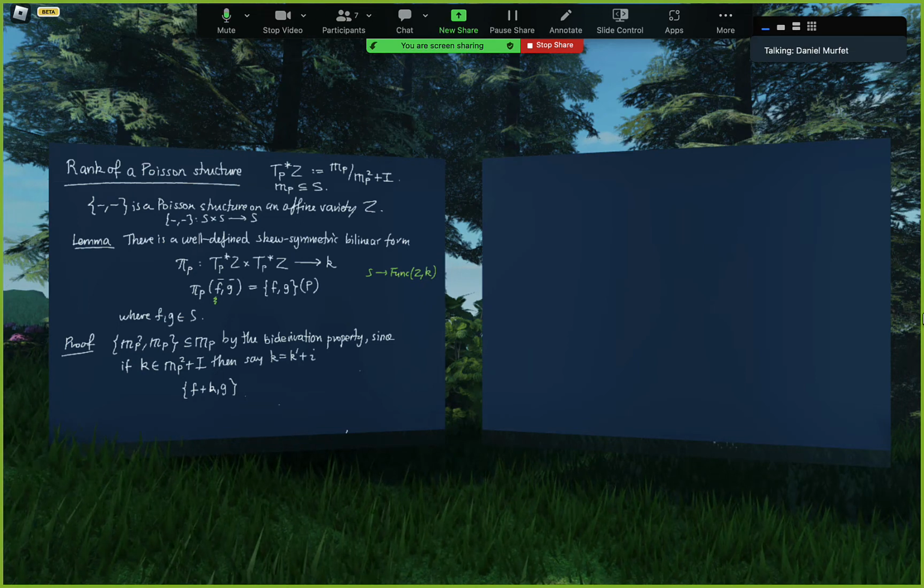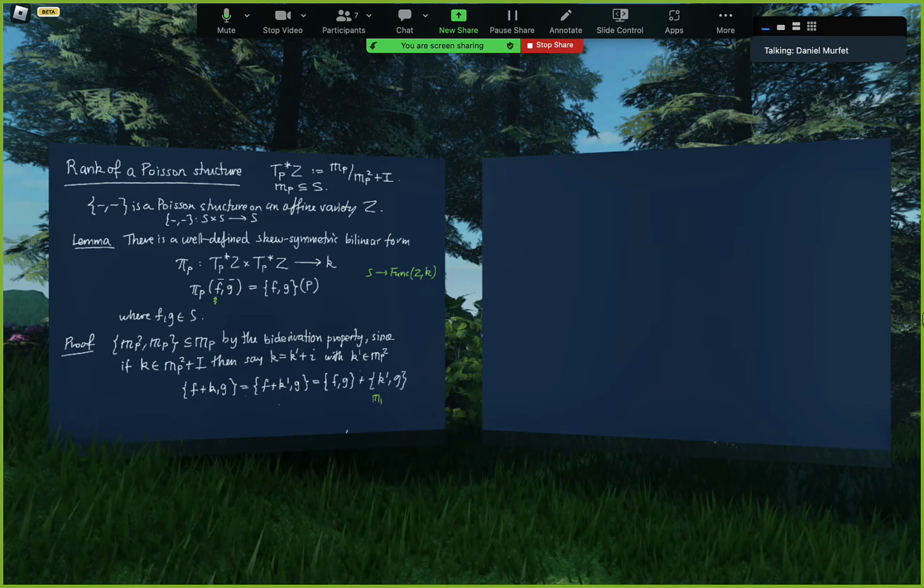well, the elements of I, I'm working in S, right? So I don't have to worry about elements of I. They're all killed by everything. So that is just F plus K prime with G, which is F with G plus K prime with G. But this is an element of MP squared, and this is an element of MP, and by the biderivation property, this thing here is itself in MP.